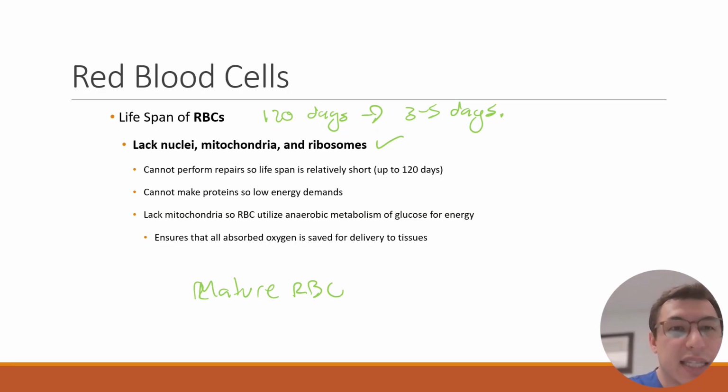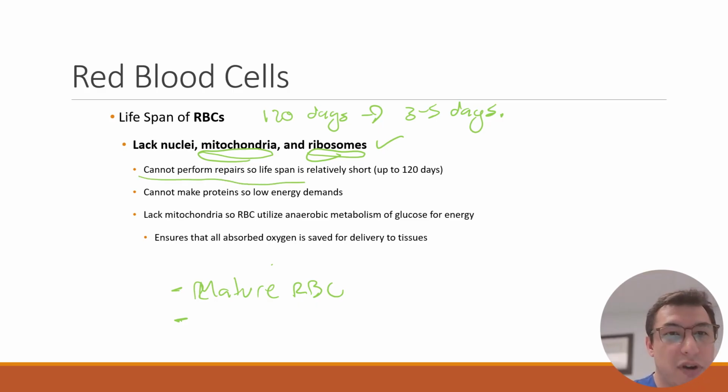The reason why it doesn't have mitochondria is because we're trying to transport oxygen, and the mitochondria use oxygen for cellular respiration. So if it had mitochondria, it would be consuming the oxygen that it's supposed to carry to other tissues. Red blood cells are the only cells in the body that work through anaerobic respiration. And they lack ribosomes because they're not creating new proteins.